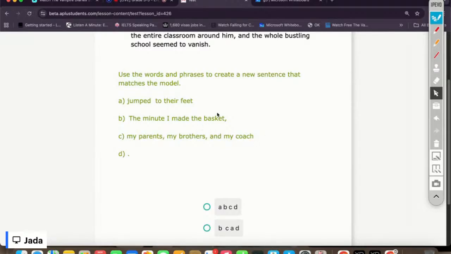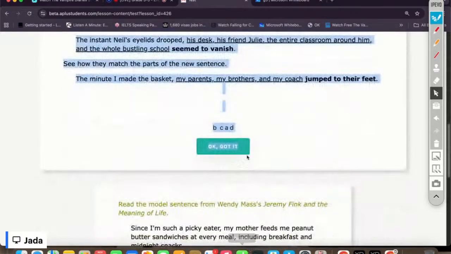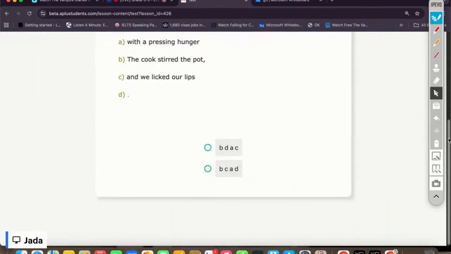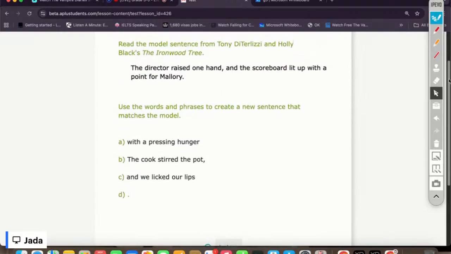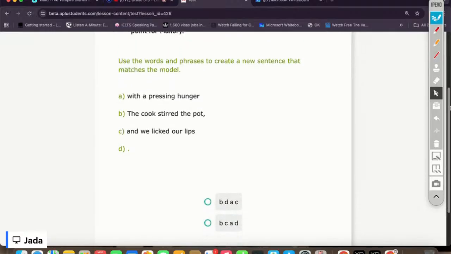So the minute I made the basket, my parents, my brothers, and my coach jumped to their feet. Okay, it's the second. All right, so the director raised one hand and the scoreboard lit up with a point for Mallory.